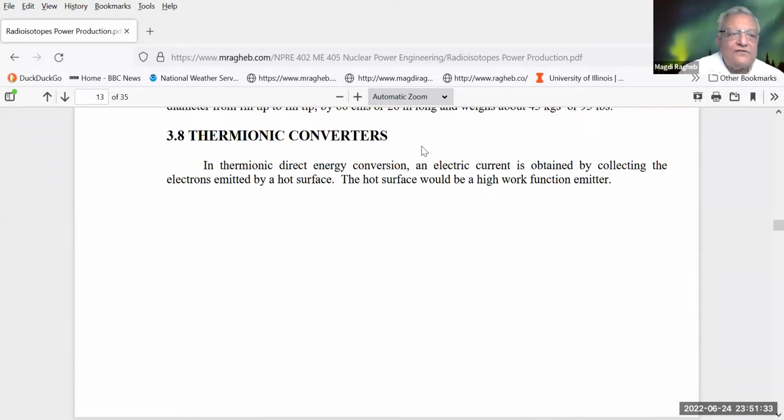Other than using thermoelectricity, there is another process by which we can turn or convert the heat generated by the radioactive isotopes into electricity, and that is not the same as thermoelectricity. This is thermionic. So in that case, we produce ions rather than electrons.